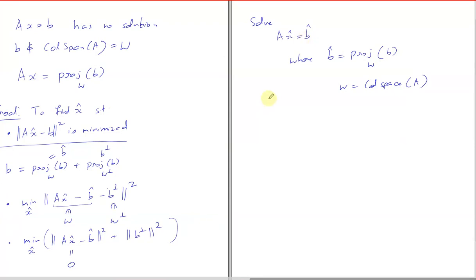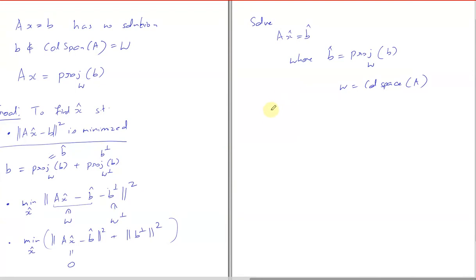Since B hat belongs to the column space, we can say that it is a linear combination of the columns of A, right, sir? So we'll just take those coefficients and make them the column vector x. So I think we should get only a unique value.